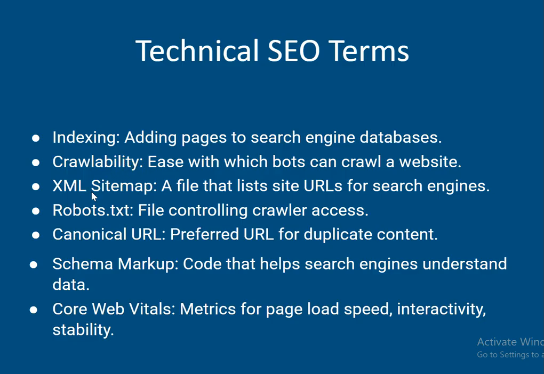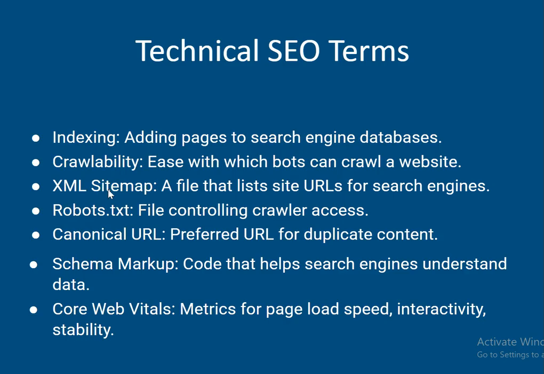The next one is XML sitemap. There are two types of sitemaps: one is XML and one more is HTML. The XML sitemap is created purely for bots to understand what pages are there in our website.